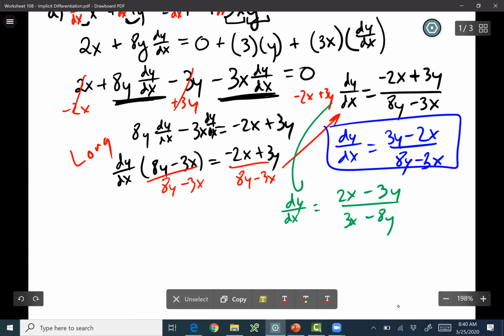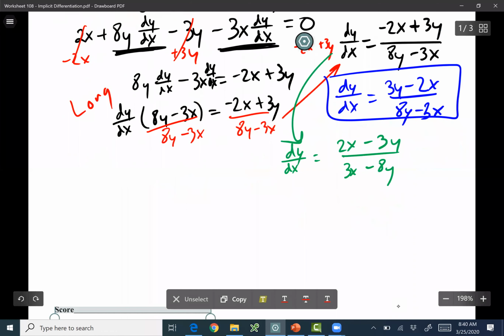And that would have actually also been the same. The way you can tell if it's going to be the same is we were starting off with negative 2x plus 3y over 8y minus 3x.